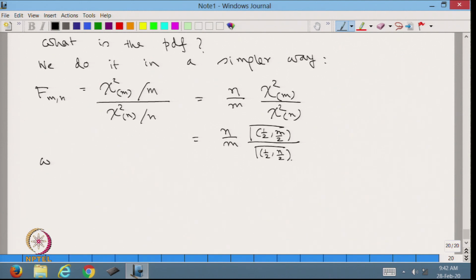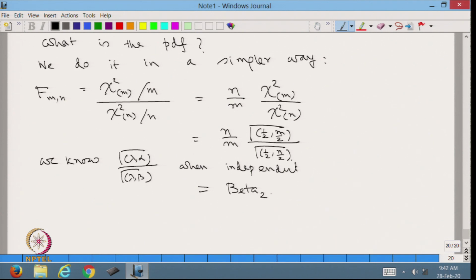Now, we know that Gamma(lambda, alpha) upon Gamma(lambda, beta), when independent, becomes Beta2 with alpha, beta.